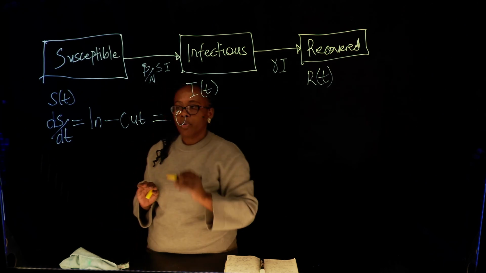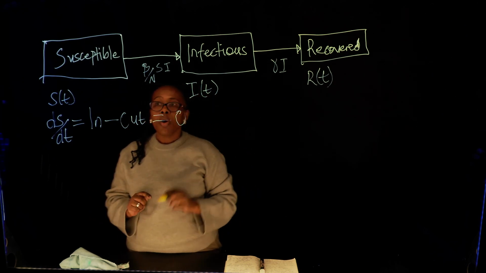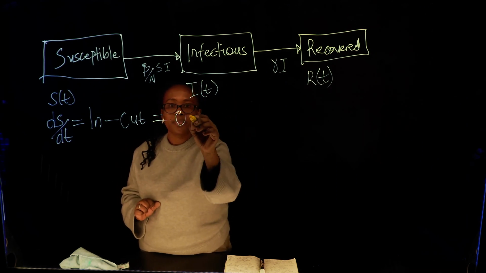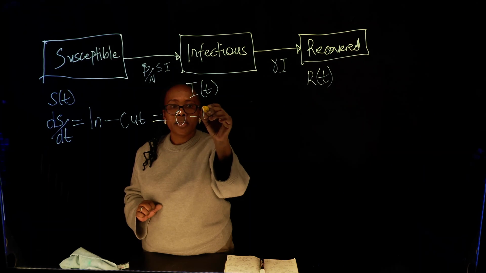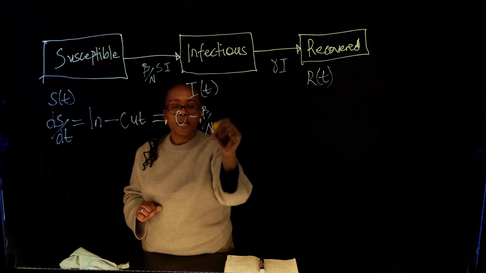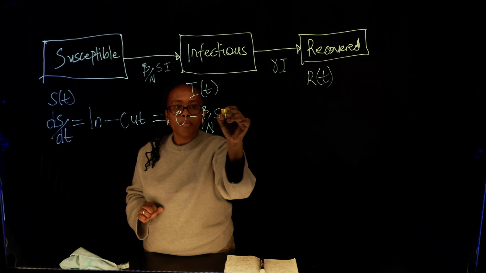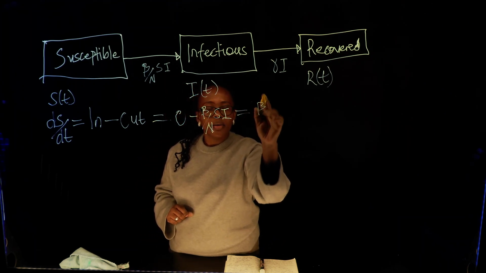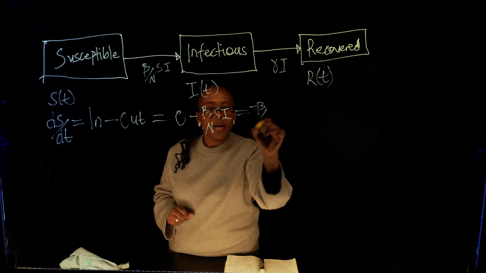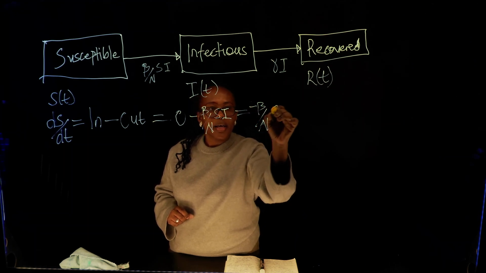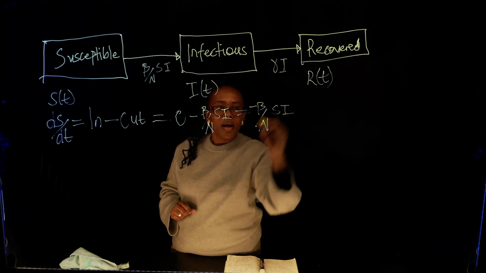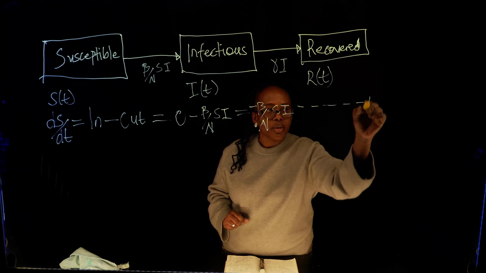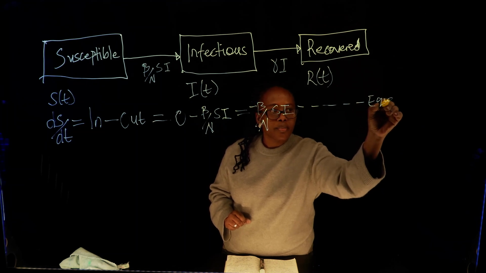We don't have anyone coming into the susceptible compartment, but we have those coming out of it, and that is beta over N times SI. So this gives us negative beta SI, and this forms our first differential equation, which is equation 1.